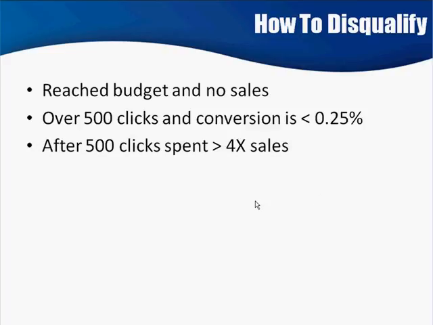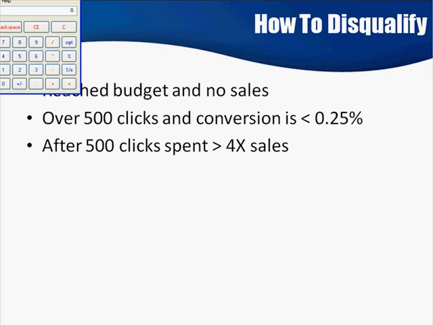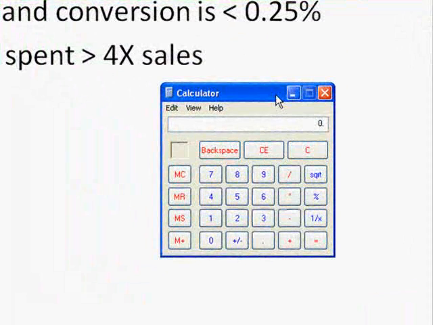Okay, and I'm going to try real quick to do a little drawing for you, an illustration, but I'm doing this with the mouse. So let's say after 500 clicks, actually, you know what would be even better? Let's do the calculator. How about that? Now, here's the way we're going to figure this out, okay? Let's say we're dealing with a $35 commission at, let's say, 35 cents a click.